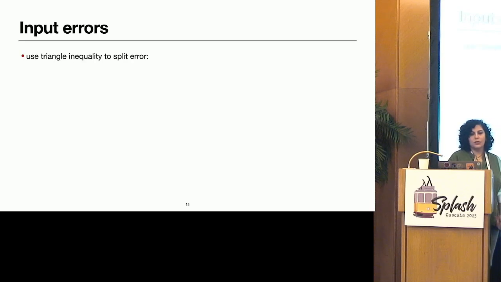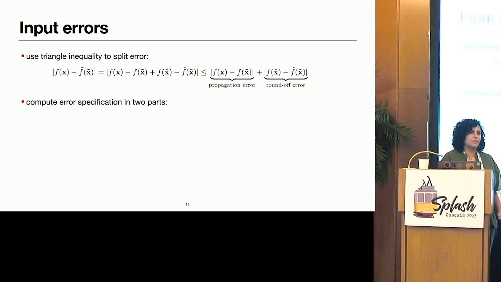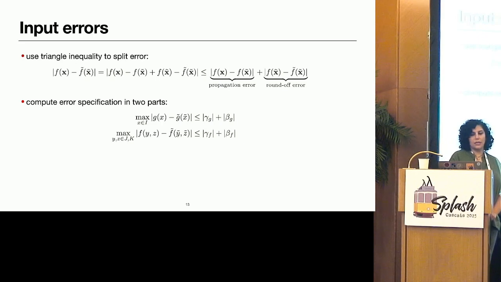We use the triangle inequality and split the error into a propagation error, which is the error resulting from the initial errors, and a round-off error, which is the error resulting from the arithmetic computations. So we compute the error specifications in two parts: a propagation error specification, which is the gamma function here, and a round-off error specification, which is the beta function.